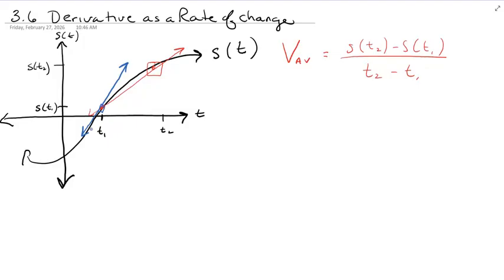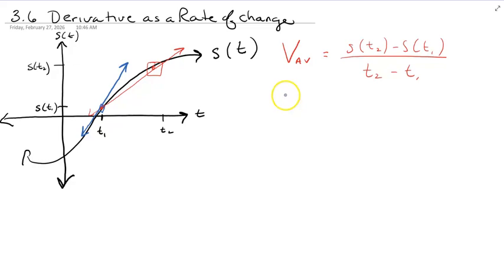Then, fast forward to the beginning of Chapter 3, to the very first lesson in Chapter 3, we talked about the limit definition of the derivative. And the limit definition of the derivative says, well, wait a minute, we can get the derivative, which is essentially the slope of the line that is tangent at a point, by taking a limit.